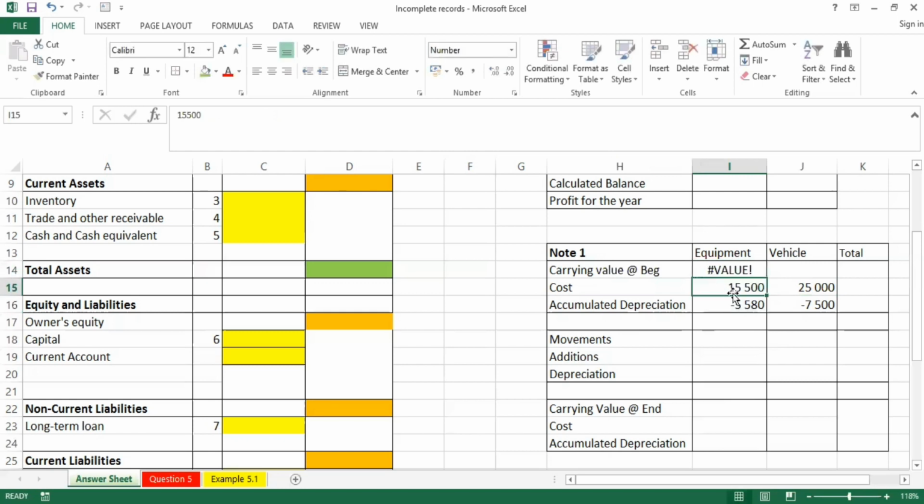And the same thing for the other, which is equal to this minus this 7,500, which is equal to 17,500. So that's our information at the beginning.